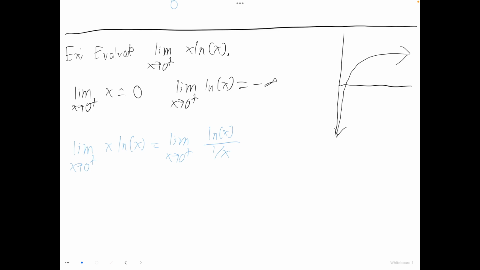So now the top is going to negative infinity, and the bottom is going to go to infinity. So this is a L'Hopital's rule problem now. And so we're going to apply L'Hopital's rule. So taking the derivative of the top, the derivative of ln of x is 1 over x. The derivative of 1 over x is negative 1 over x squared.